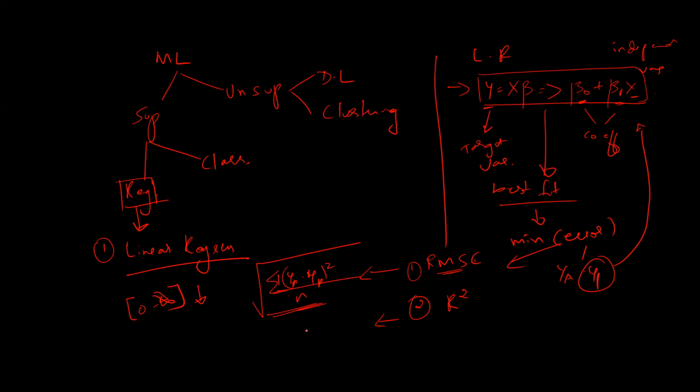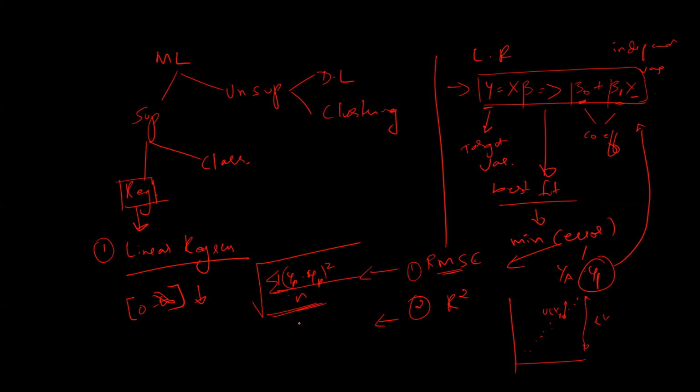Coming to R square. How did you define R square? R square talks about, if this is your regression equation, your explained and unexplained variance, correct? This is your explained variance. This is your unexplained variance.